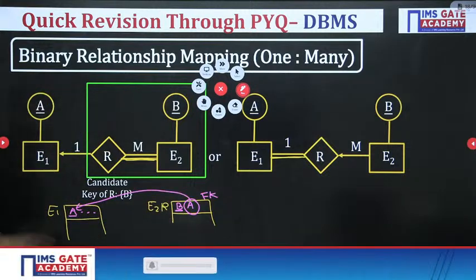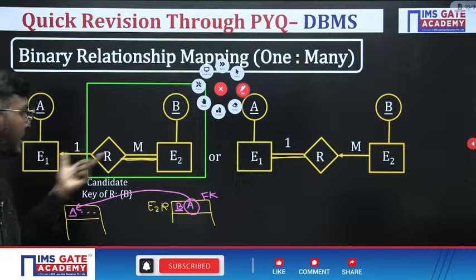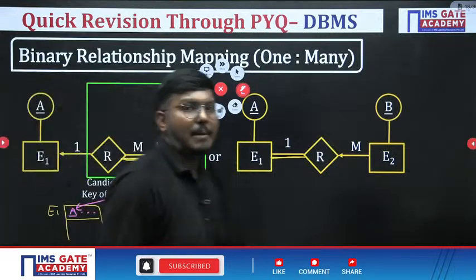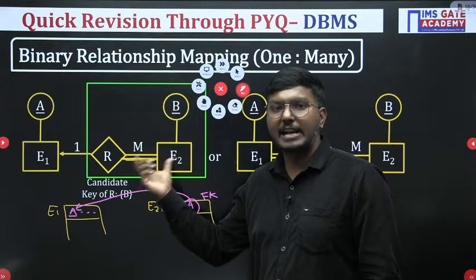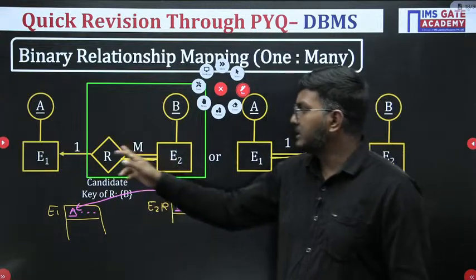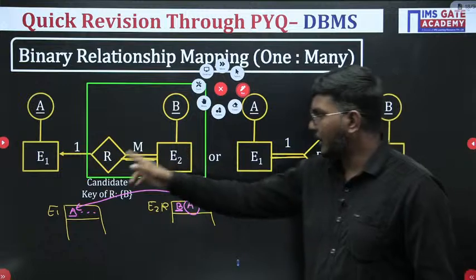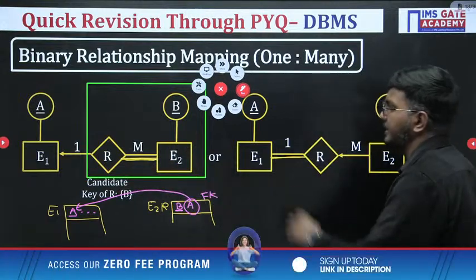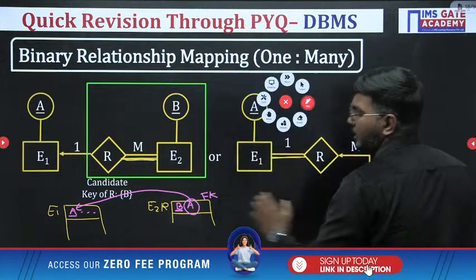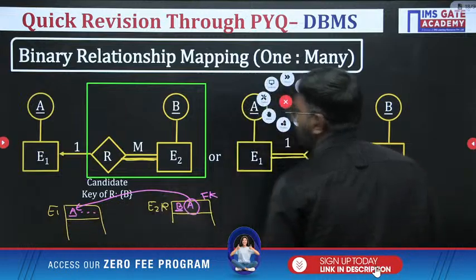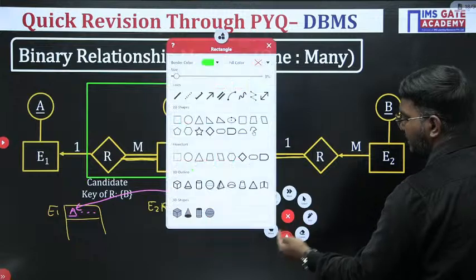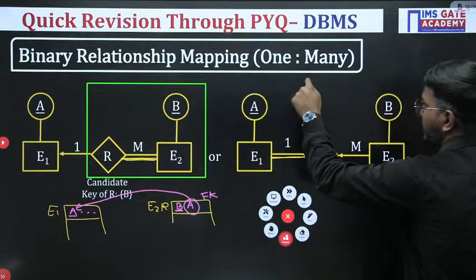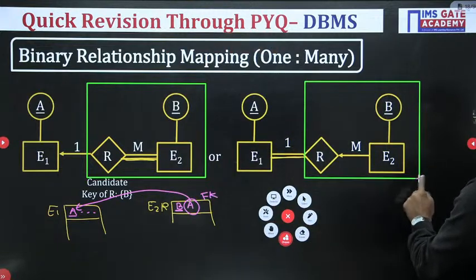Understood? So if you are having two entity sets and the mapping is one to many with full participation towards the many side, then what will happen? The relationship set gets merged towards the many side. Getting my point here? So how many tables? Two tables and one foreign key. Similarly here also, the relationship gets merged towards the many side. Very good.